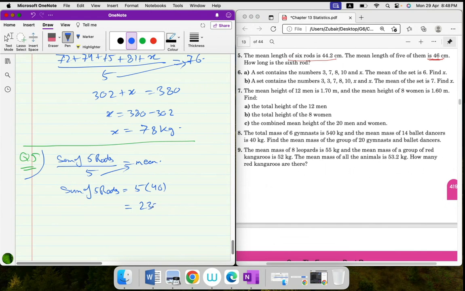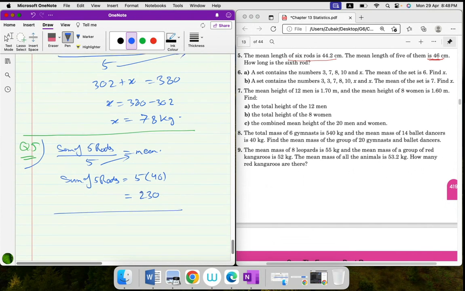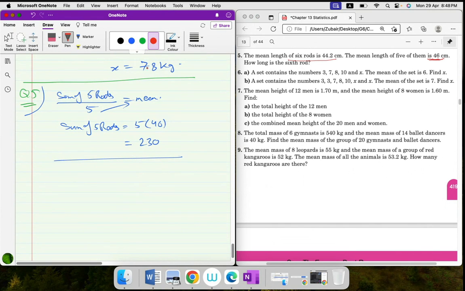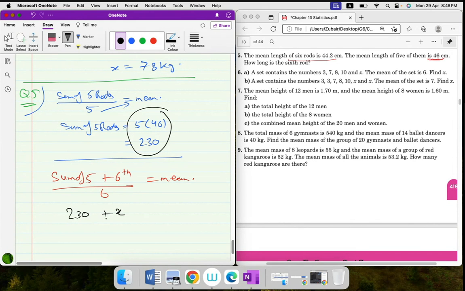When we look at the first half of the data, the sum of 5 plus the sixth one divided by 6 is equal to the mean of 6. The sum of 5 is already there, which is 230. The length of the sixth one is x, divided by 6, and the mean is 44.2. Does that make sense?